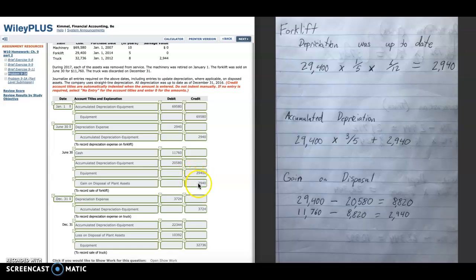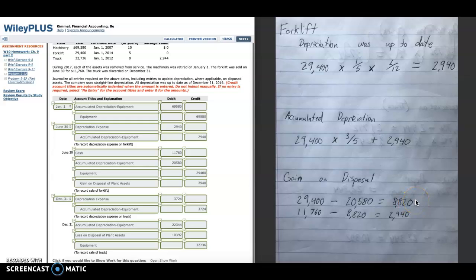And then we got a gain on this one. We actually sold it and in essence made a profit over what we initially expected. So to find that, we first need to know what we've already depreciated. So we're going to take the $29,400, subtract the $20,580, which is the total accumulated depreciation on that equipment, which equals $8,820.